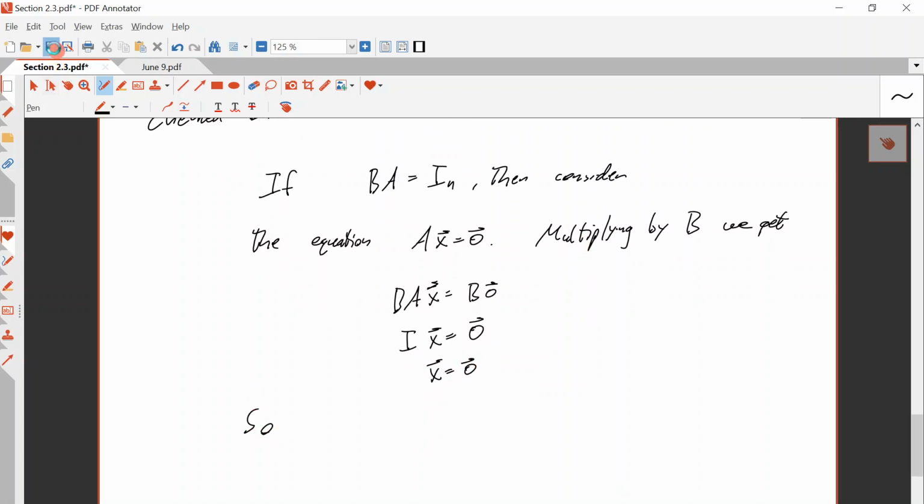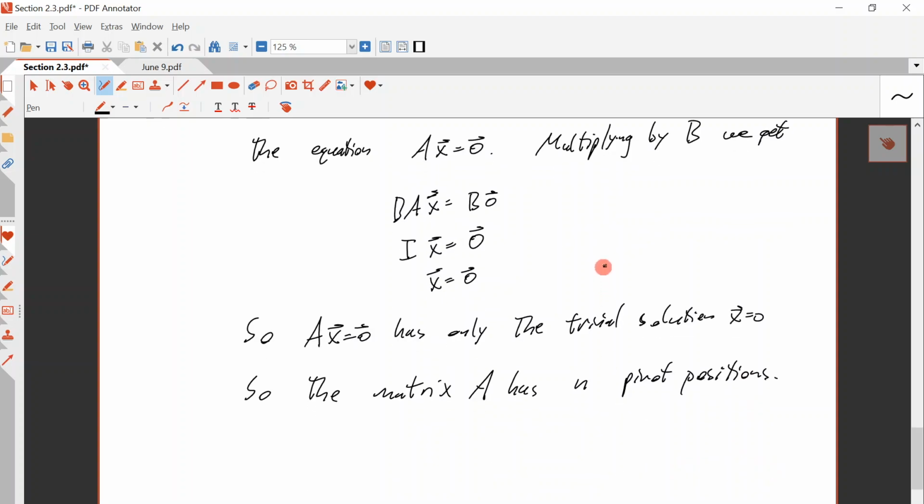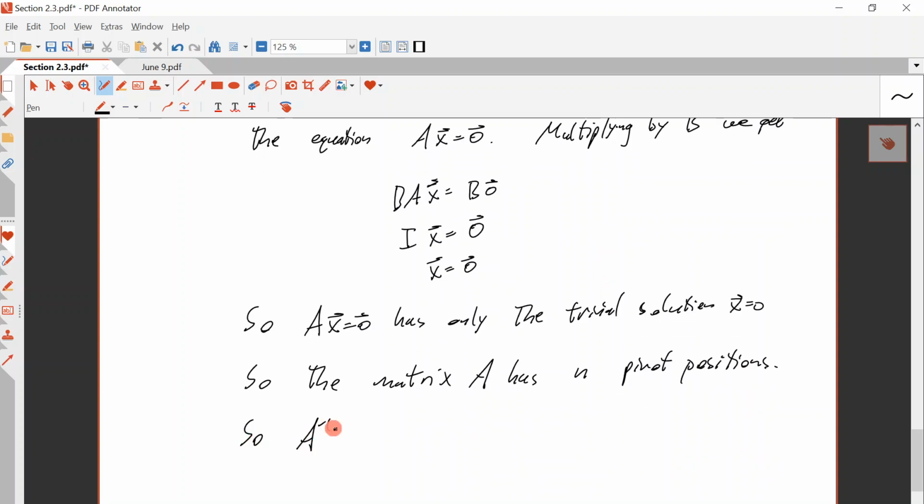So Ax equal to 0 has only the trivial solution, x equal to 0. So the matrix A has n pivot positions. Right? So A inverse exists.